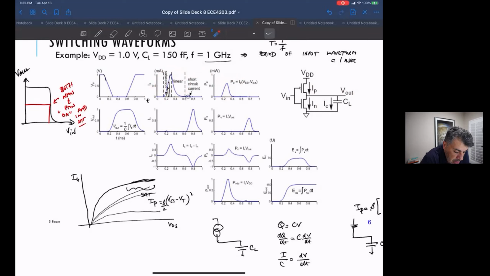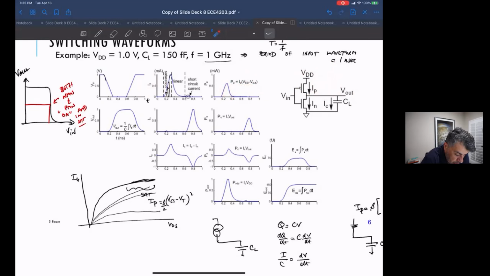As this voltage goes from 0 to VDD, both the current and the voltage across this device are changing. So it's basically I sub P, multiplied by the supply minus V out, which is the drain source of this device, to show the power across the PMOS.